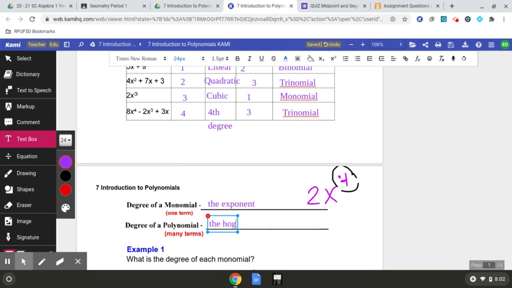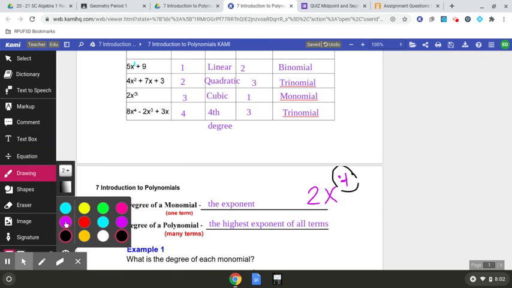The degree of a polynomial, meaning when you have more than one term, is the highest exponent of all your terms. So similar to what we did in the chart above, if I had something like 2x cubed plus 3x plus 5, this is a polynomial, right?